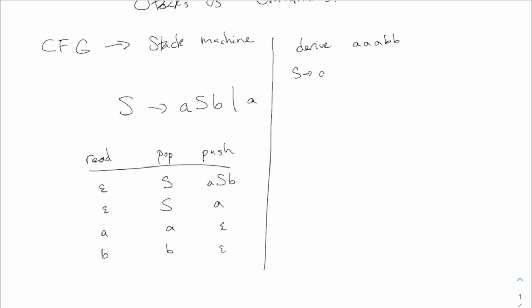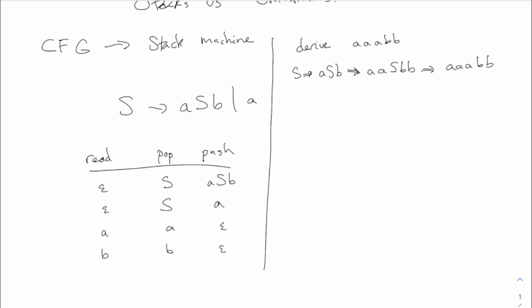I would go S goes to ASB, and then do that again, AASBB, and then finally S goes to A, AAABB. All right, that was the grammar derivation. I should be technically correct with my arrows, that's the way they would have done it in the book.